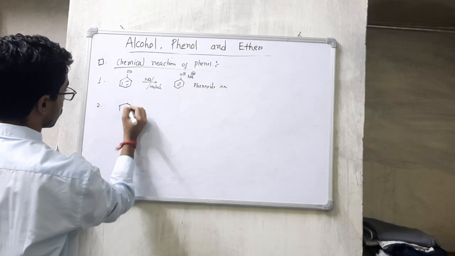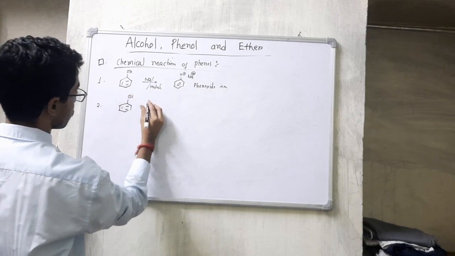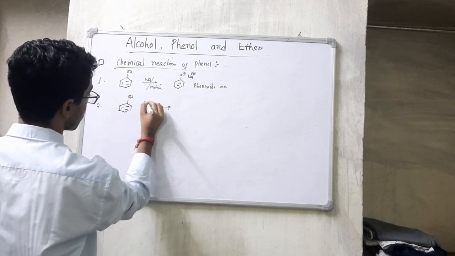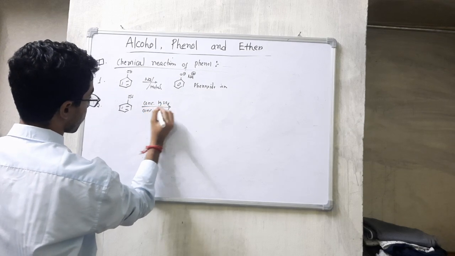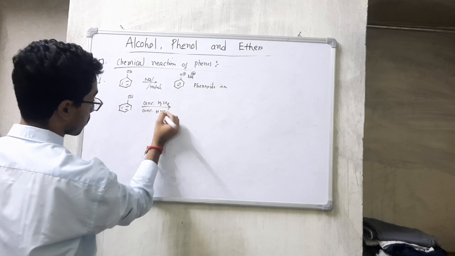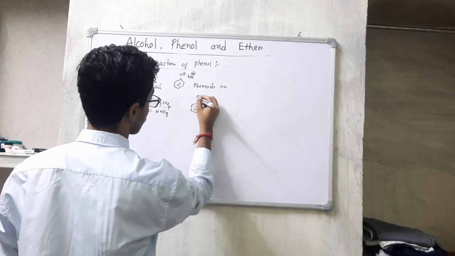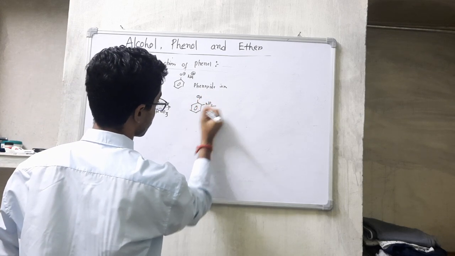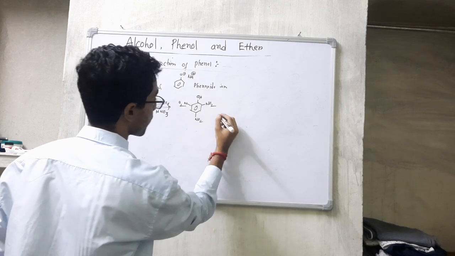Number 2, if it reacts with mixed acid. What is mixed acid? Concentrated H2SO4 and concentrated HNO3. Then picric acid is formed.